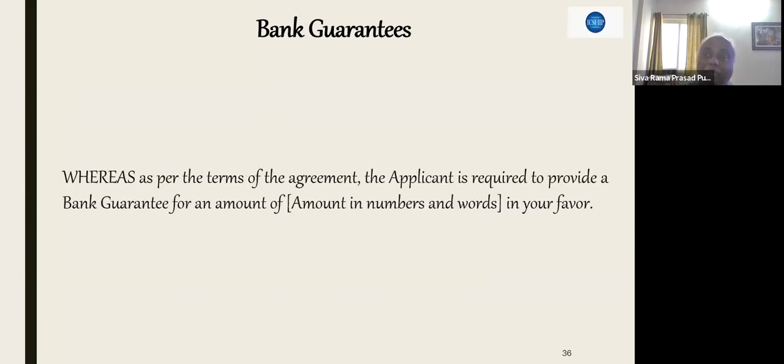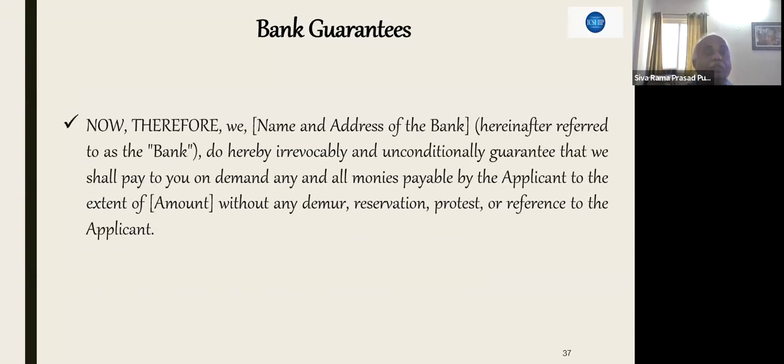Whereas under the terms of the agreement, the applicant is required to provide a bank guarantee for an amount, in numbers and words, in your favor. Now, therefore, we, name and address of the bank, hereinafter referred to as the bank, do hereby irrevocably and unconditionally guarantee, otherwise the beneficiary will not accept the bank guarantee.